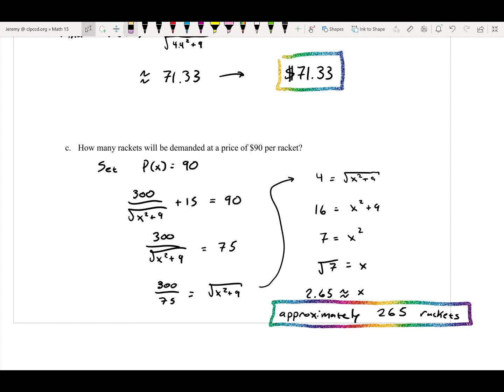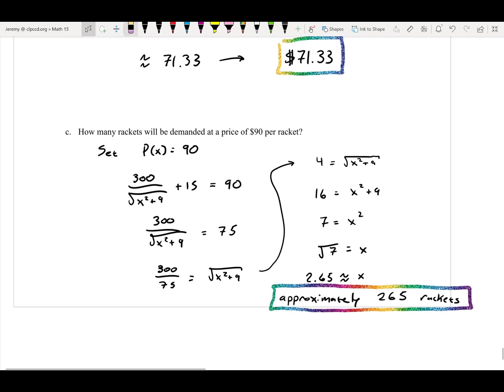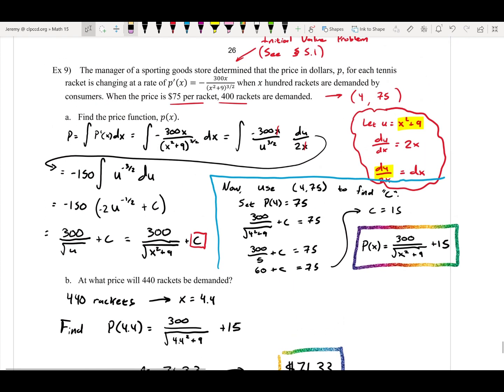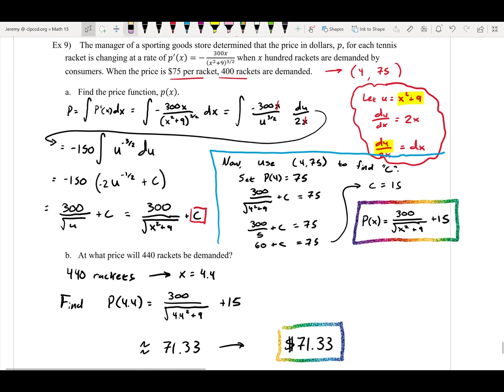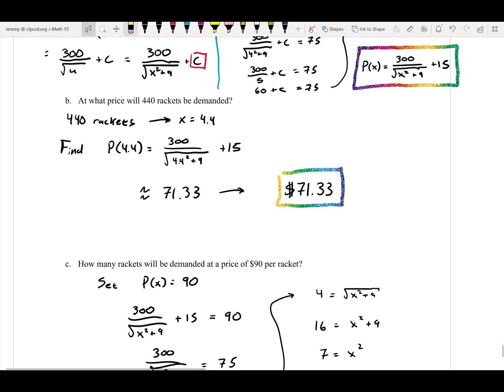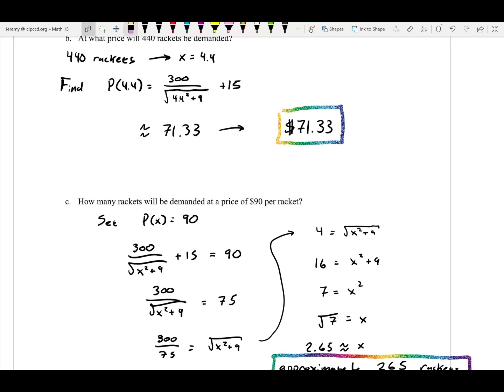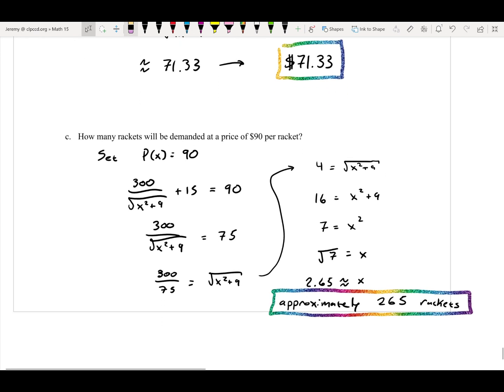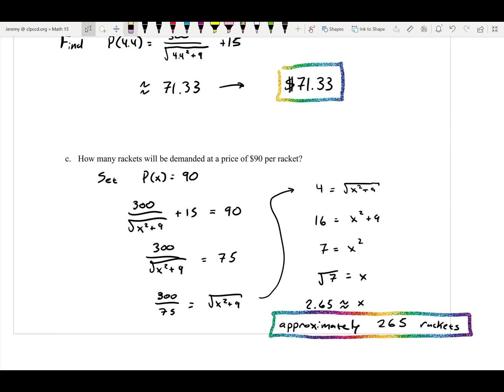Very good. And that brings us to the end of this example: an initial value problem involving a price function, using u-substitution and then working with the function that we find to answer a couple additional questions. And that brings us to the end of this chapter.